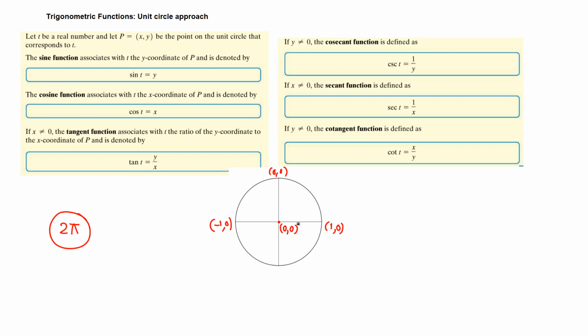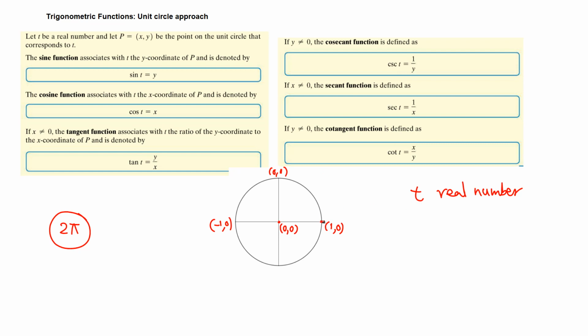Now we are given any real number t. Okay, t, any real number, could be positive or negative. Then we can represent that t. If this is positive, then let's start from here and go up in this direction.